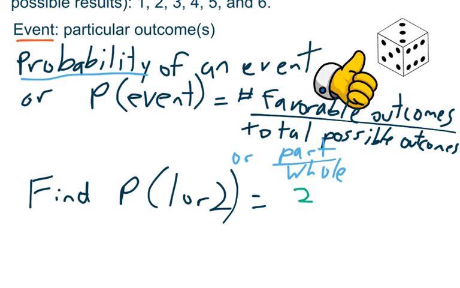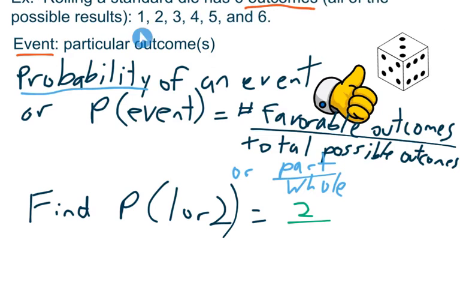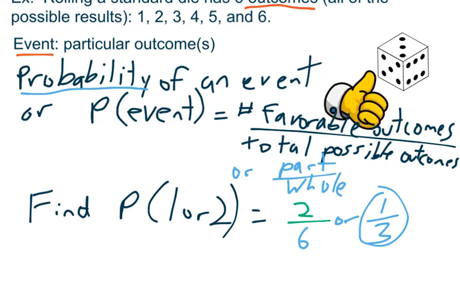So 2 goes on top, that's my part. And then my whole is how many total outcomes were there? Well, we said there was 1 through 6, that's a total of 6 numbers. So it's 2 out of 6, and that reduces to, if I divide by 2, 1/3. So my probability of landing on a 1 or a 2 when I flip it gives me a 1/3 probability.